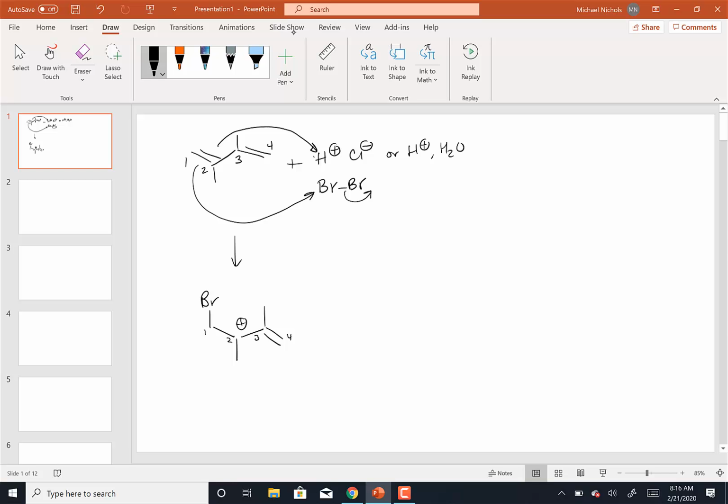Okay, so then we form our secondary carbocation, secondary allylic. We're going to take this pair of electrons, move it here, so that then we form the double bond between carbon 2 and 3 and put the plus charge on the end.